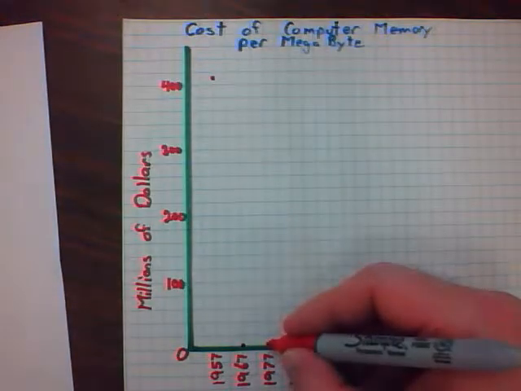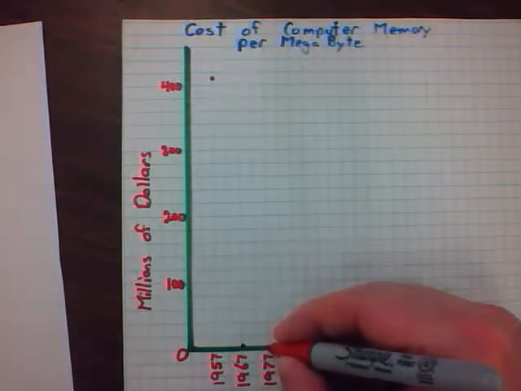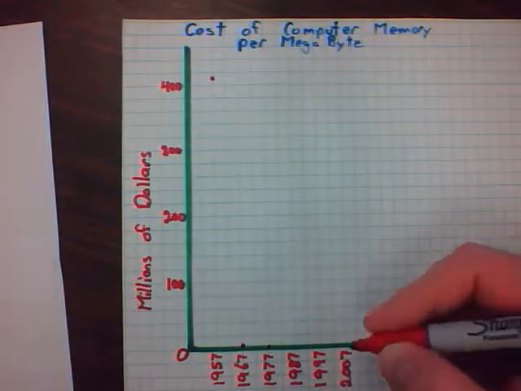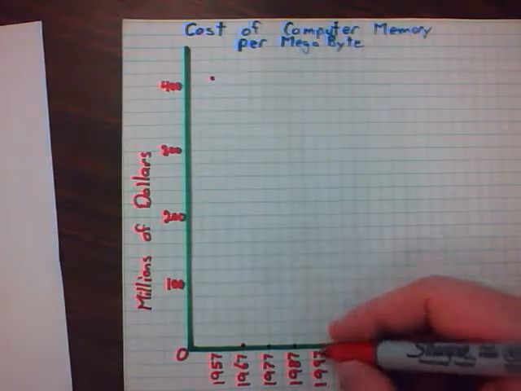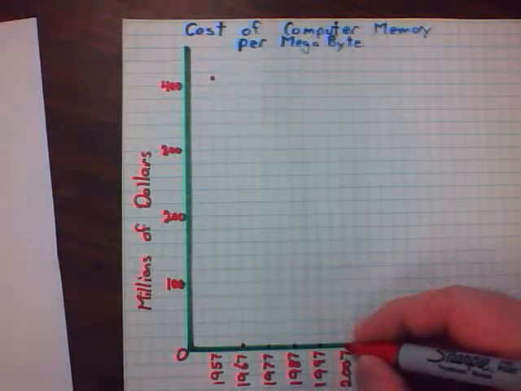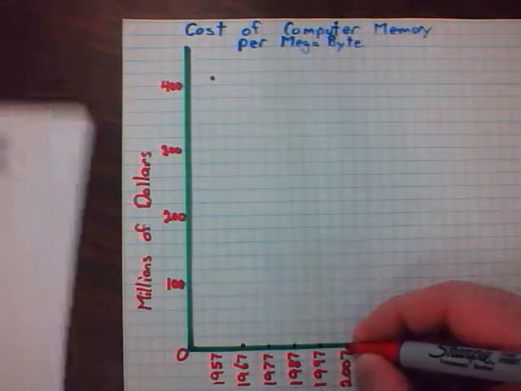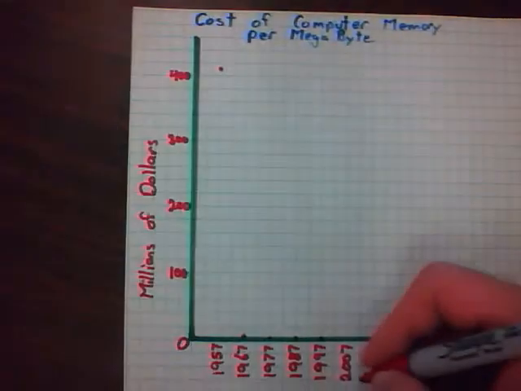In 1977, it had dropped to $36,000, somewhere down here. 1987, $176. 1997, $4.63. And in 2007, 8 cents.